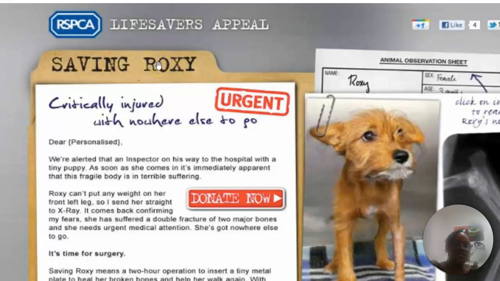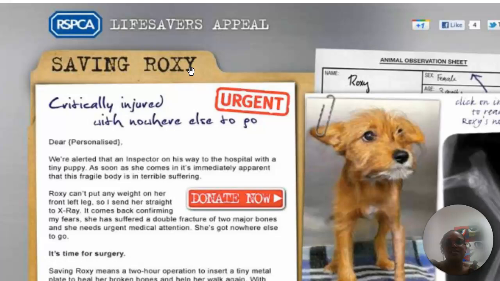And then you also notice that under it is what you might call a subtitle with a different font. And next, we have got that urgent sign in a different color. So when you look at the title Saving Roxy, just by looking at the verb saving and Roxy, which is the name of the dog or puppy, it suggests urgency, that Roxy is in danger and needs to be saved.